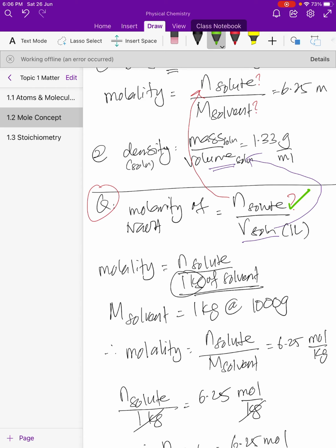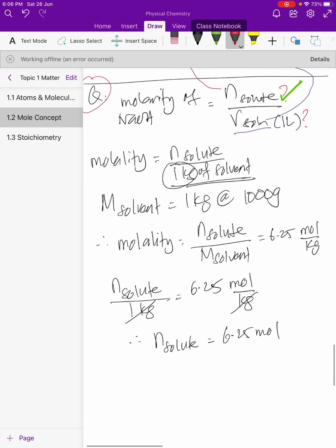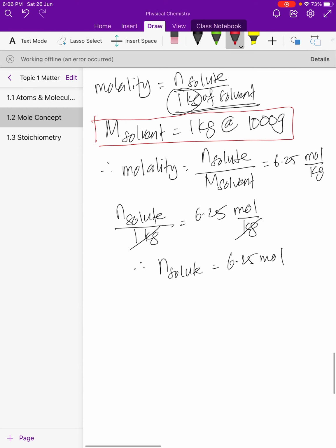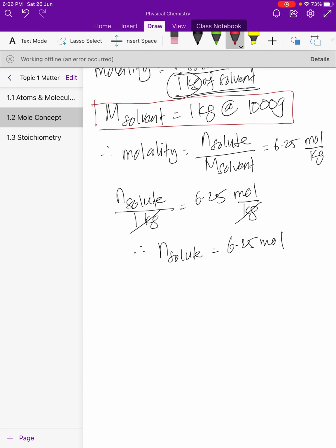Our second thing. To find the volume of solution, I need to know the mass of solution. In this case, we know the mass of solvent as 1 kg or 1000 gram. So we can come to this formula.